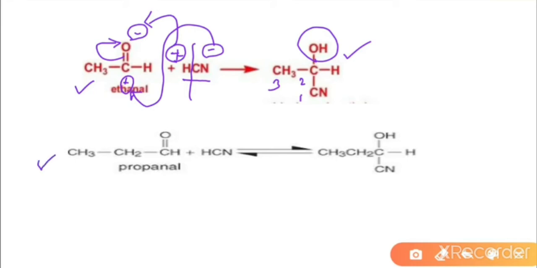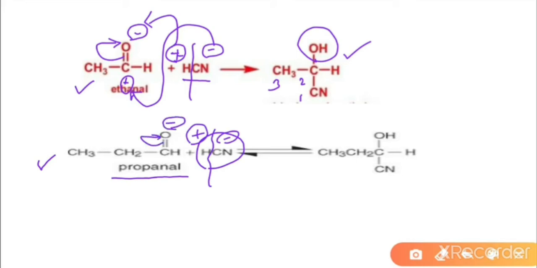Another example, propanal or propionaldehyde. Addition reaction with HCN. Similarly, CN minus and H plus are obtained by breaking hydrogen cyanide, and pi electrons are transferred toward oxygen.